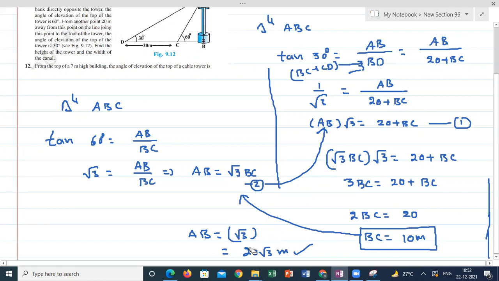So the height of the tower is 10 root 3 meters. Shall I move to the next question? Can we move to the next question, students?